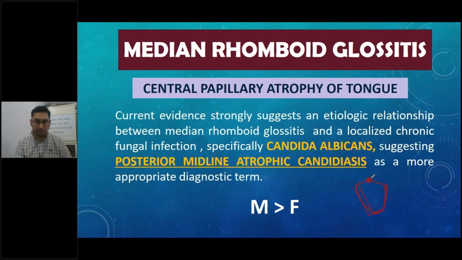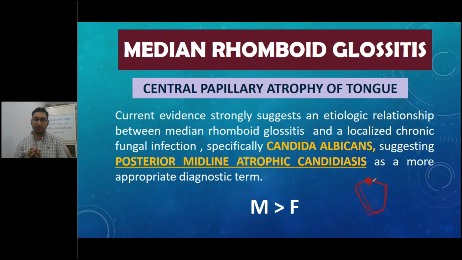The new concept is that this is not the theory. The new theory is that it is basically a localized candidal infection, because of which the papillae are lost from this area, and hence it appears inflamed and erythematous, and it is median rhomboid glossitis, right?